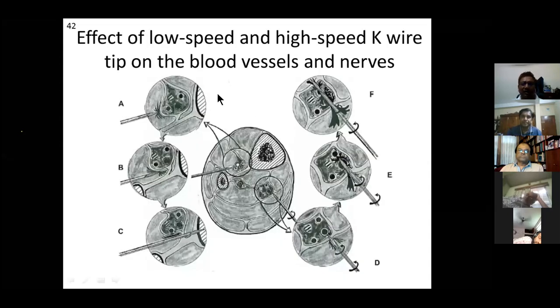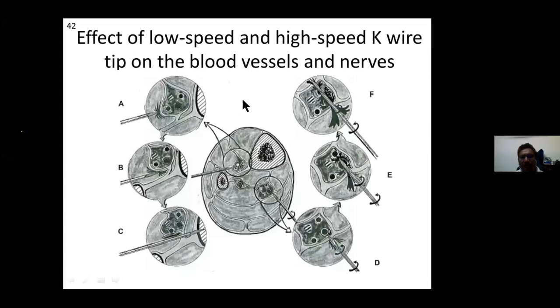Now, it is also described in previous lectures. You will place wires, but the effect of low speed and high speed drill is very important, because if you use the high speed drill, then you may pierce the vessels and nerves.